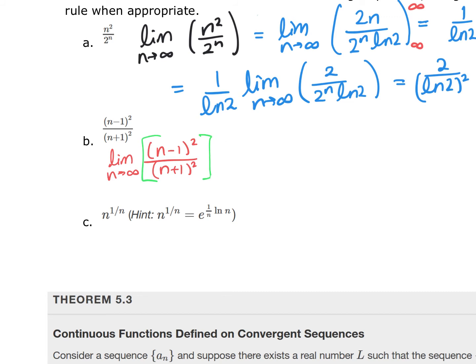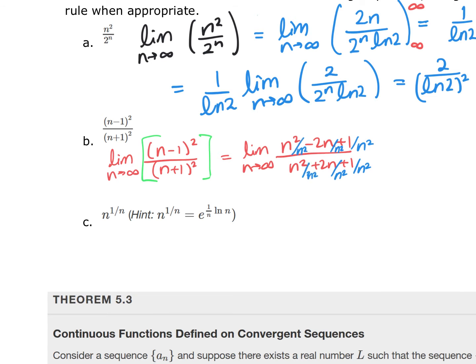Simultaneously, if I'm like, I don't know if I want to use L'Hopital's, let's go ahead and expand these out. So I get n squared minus 2n plus 1 over n squared plus 2n plus 1. And we know back in calculus 1, we can divide each one of my terms by the highest power in the denominator.